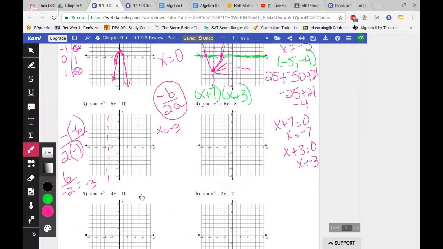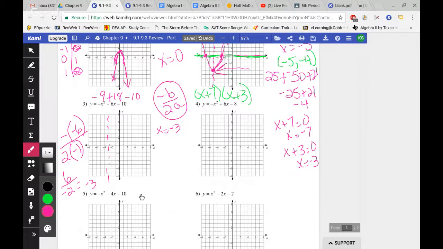Now, to find the y value. So we've got the opposite of negative 3 squared, which is negative 9. Does that make sense where I got that? Okay. And then a minus 6 times a minus 3 is going to be plus 18, minus 10.